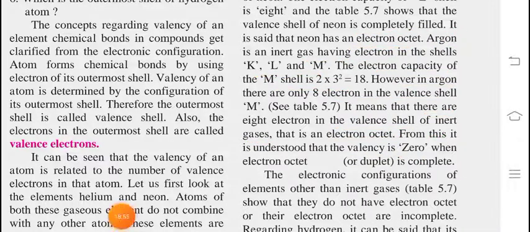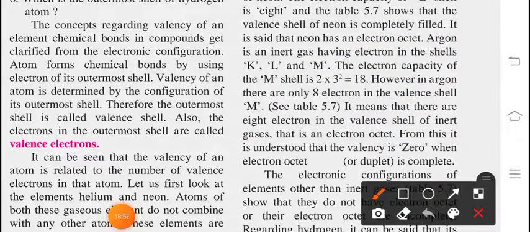If the electrons are shared with other elements, we call them valence electrons. If they complete their octet by themselves, there is no valence electron, so we say it has 0 valency.